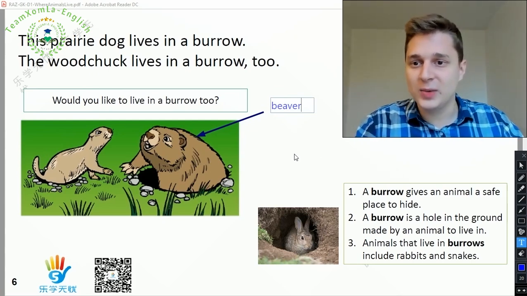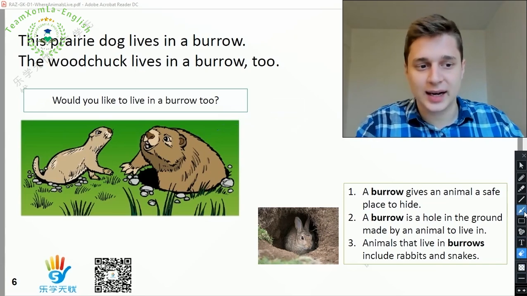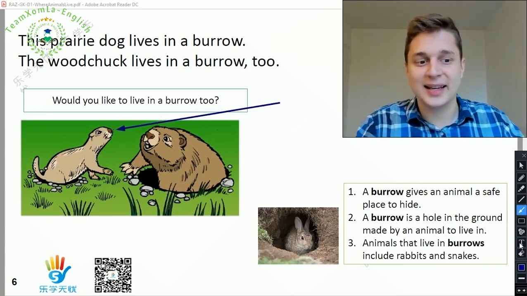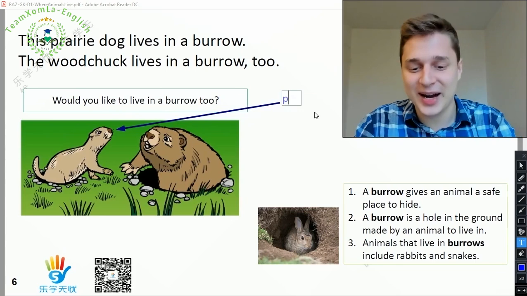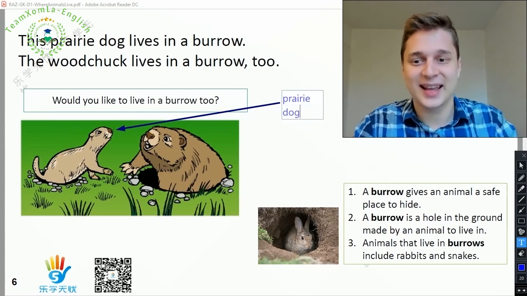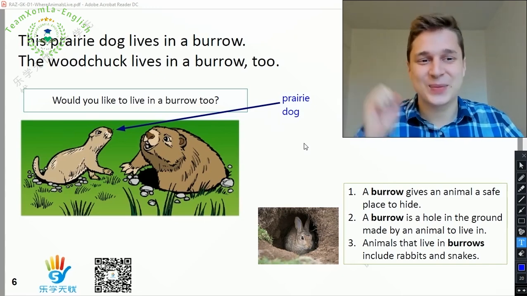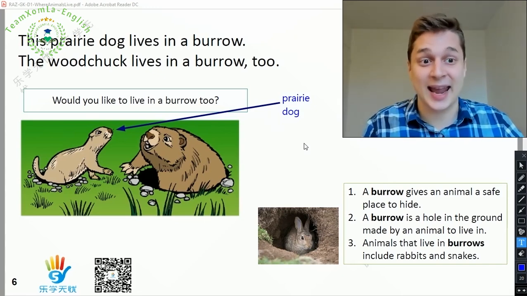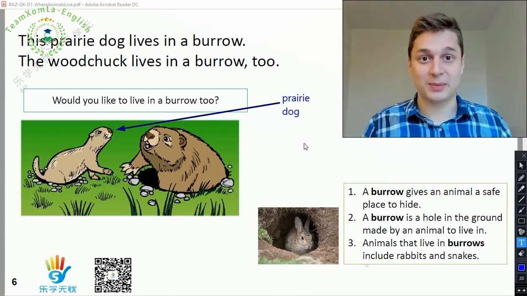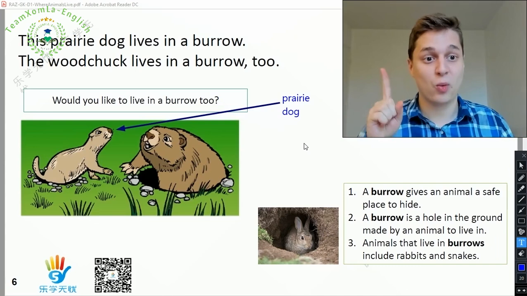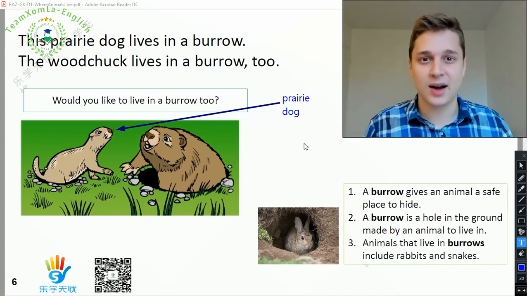Now, what do we see on the other side of this picture? Right here, we see a little prairie dog. Can you say prairie dog? Prairie dogs are the cutest little animal that you can find. They live in a group of animals, and one of these animals is the guard.